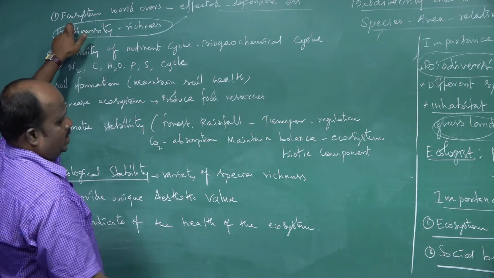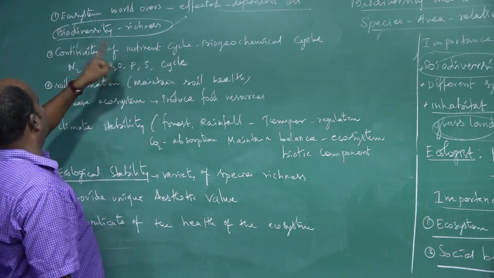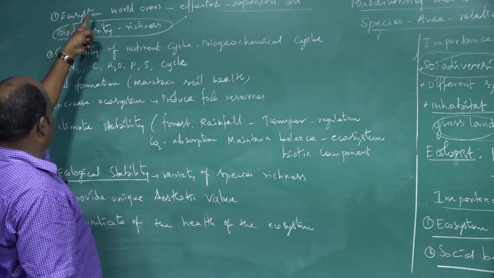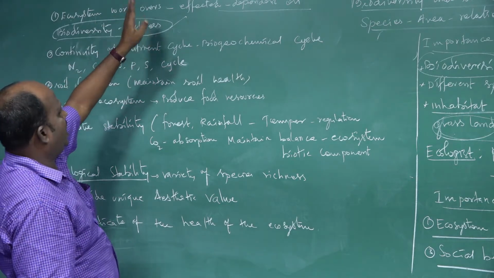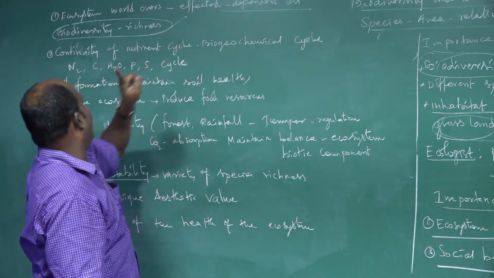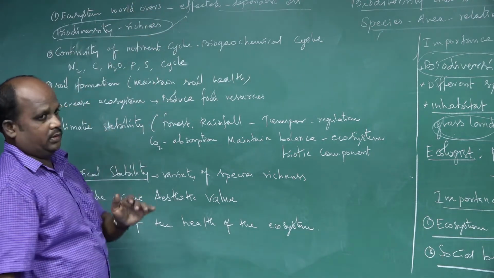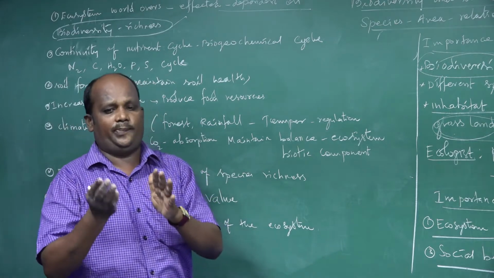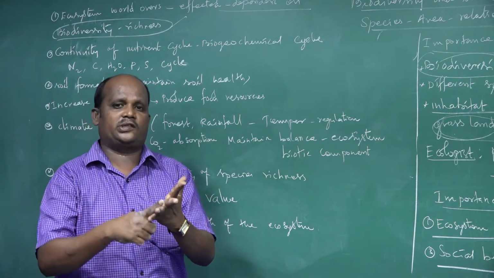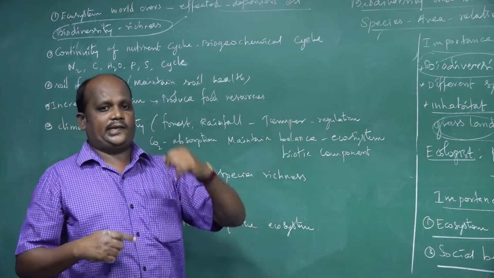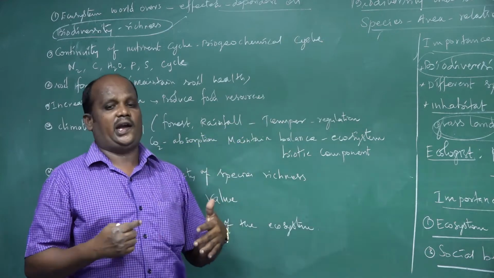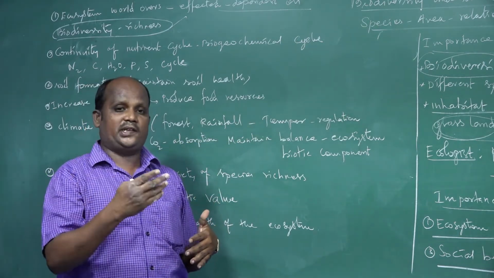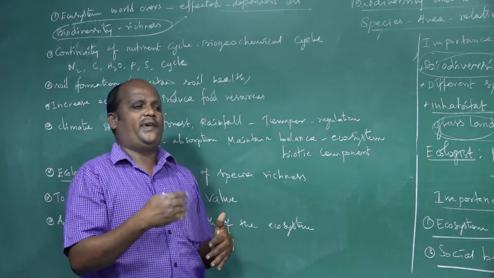Here, what does the scientist Paul Ehrlich say? Ecosystems throughout the world are affected depending on biodiversity richness. If the biodiversity population increases, I mean plants and animals may increase, it affects lifestyles; the animal population may increase, and the human population may be affected.